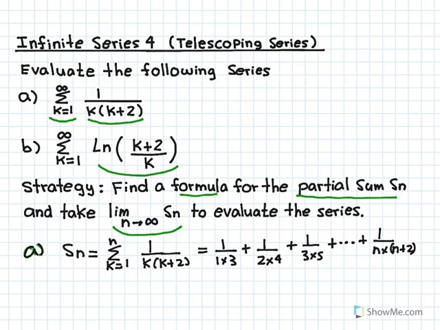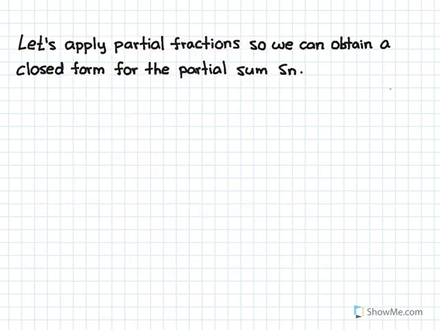All right, we're going to apply partial fraction decomposition so we can obtain a closed form for the partial sum Sn. So we have 1 divided by k times k plus 2. We have a product of linear factors, so we write this as a divided by k plus b divided by k plus 2. We take a common denominator, which is k times k plus 2.